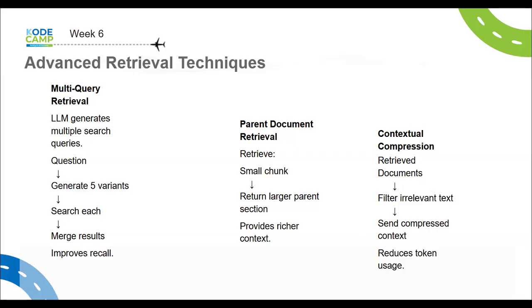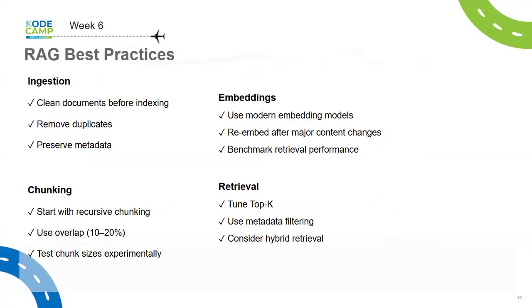Okay, so those are some of the additional advanced methods that you would use for advanced RAG. And here are best practices to follow. In ingestion, always clean documents before indexing. Cleaning documents helps to remove noise and useless information and data.